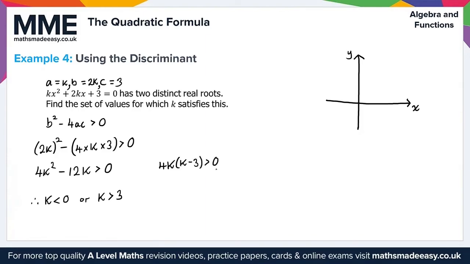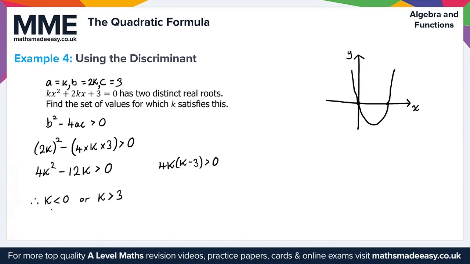This is greater than 0. So what we know then is this quadratic cuts through the origin here, and it also cuts through 3 here. Okay. Well, in that case now, if we know where it cuts through, we can draw a rough sketch. Let's say it looks like that.